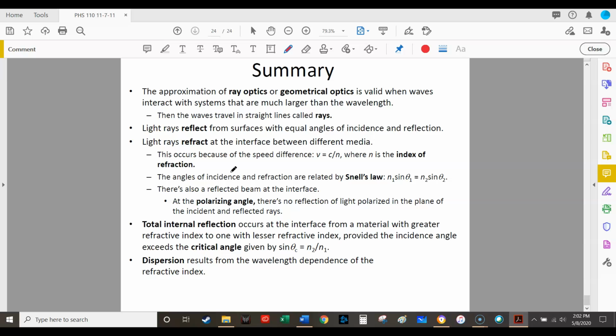And also with lenses too, how do lenses work and how do lenses focus light. And then we're going to talk about what the eye is and how you correct vision with multiple lenses and things like that, and also what a microscope is and what a telescope is. So please check those out after you go through this.